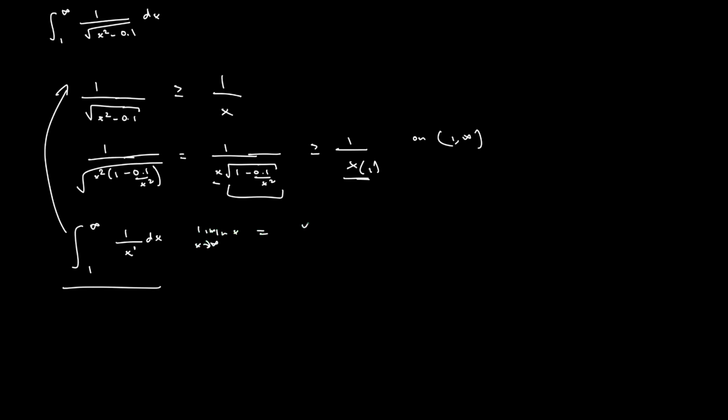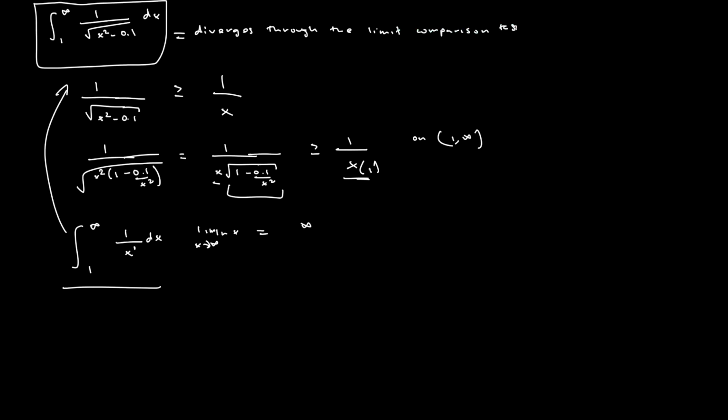And so because our bottom function diverges, the upper bounding function also diverges through the direct comparison test.